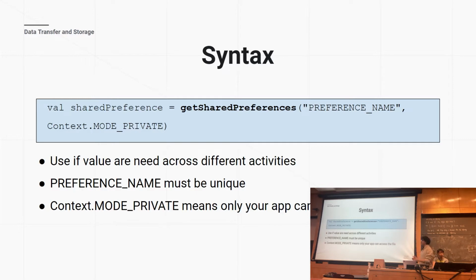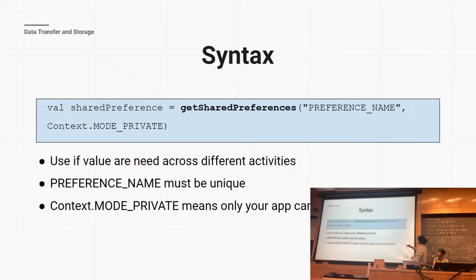It either creates or accesses a file that you've created internally with the name pref name, right? You would use getSharedPreferences because you want the values you are storing on this file to be accessible on different activities within your app.